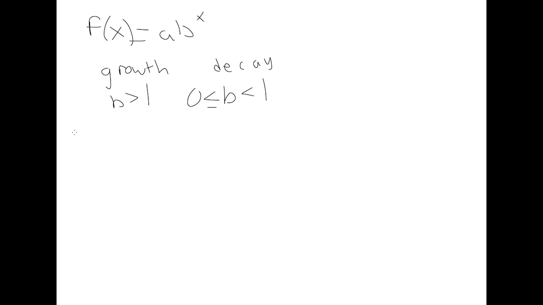And the reason for that is because if b is more than 1, then every time you multiply by b, you're going to be increasing your value. And if it's less than 1 and greater than 0, every time you multiply by b, you're going to be decreasing your value. If b is ever less than 0, then you're going to be switching between the negative side and the positive side. So it's not really either growth or decay.